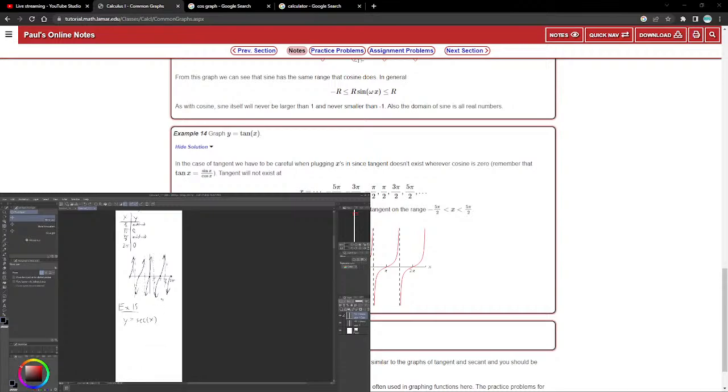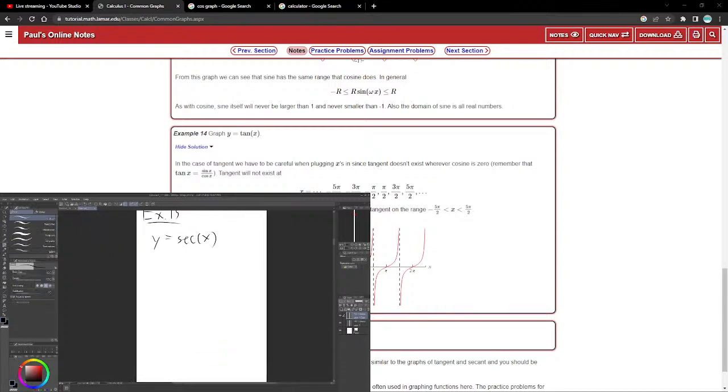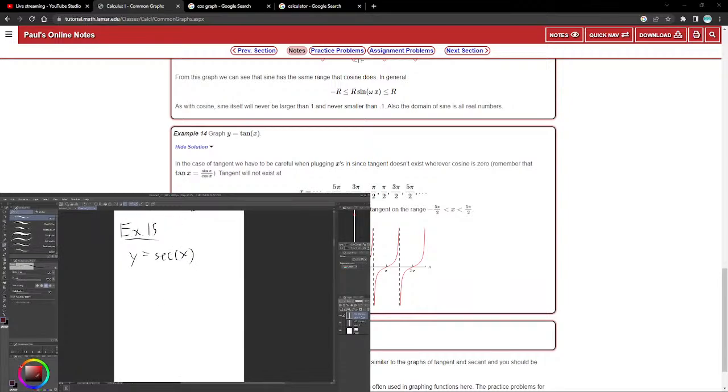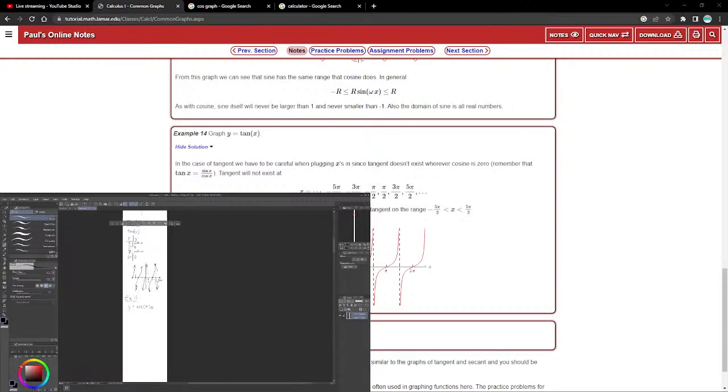Or wait, okay, if you think about it. Let me draw this out, if it'll let me. What is going on? Layer 1 copy, what? What is this? Dude, just let me draw, man. Oh, it's because of that, okay.